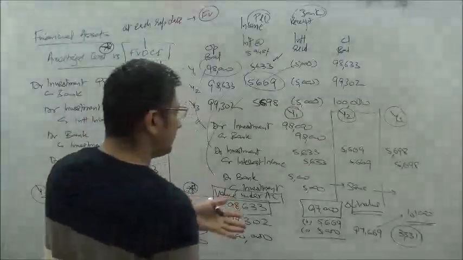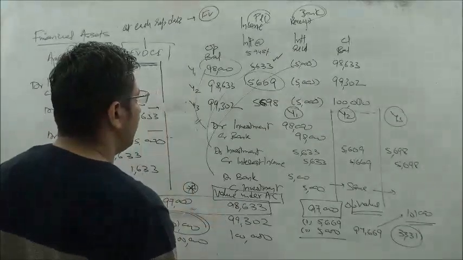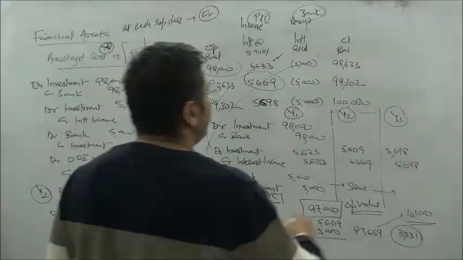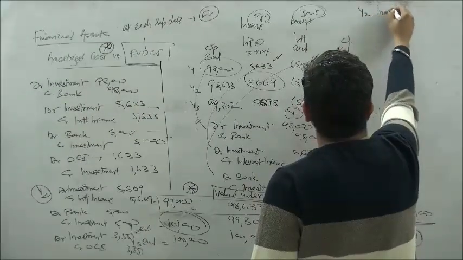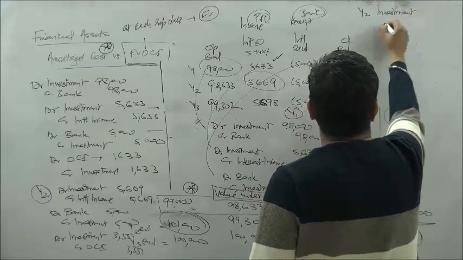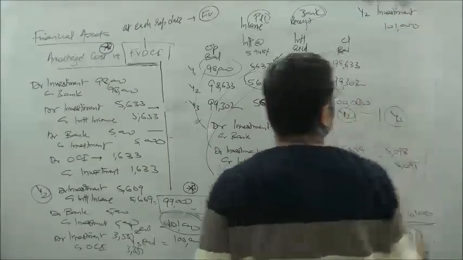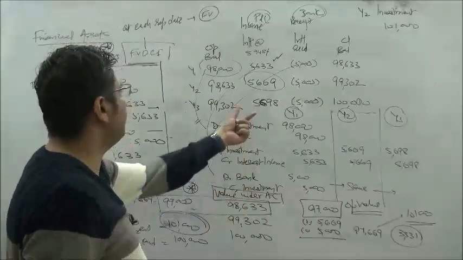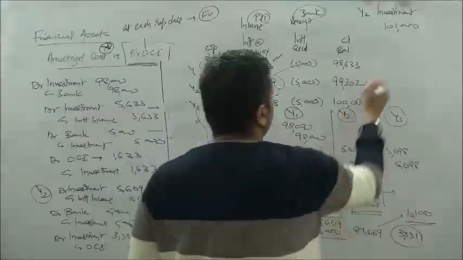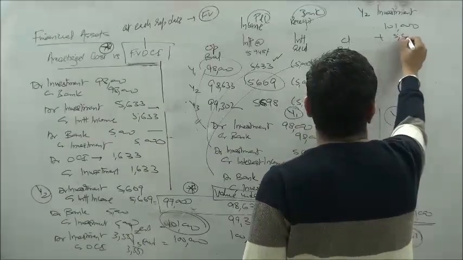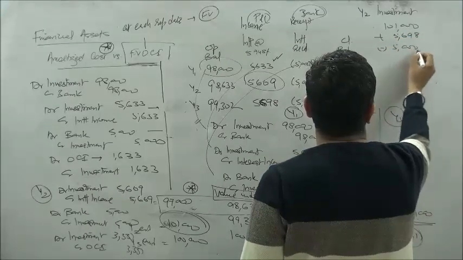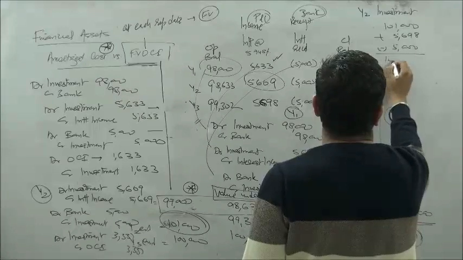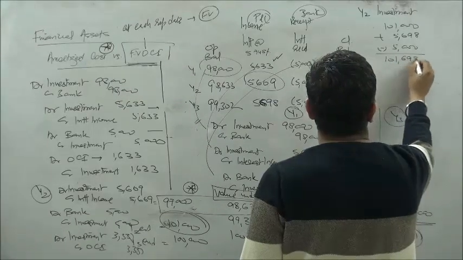Finally, when I look at my year 3 calculations, which is 101,000 to 100,000, I need to understand what is the change that has come now. Essentially, I'm showing my year 2 investment value at 101,000. I add 5698 to that and reduce 5,000, so that gives me effectively 101,698.